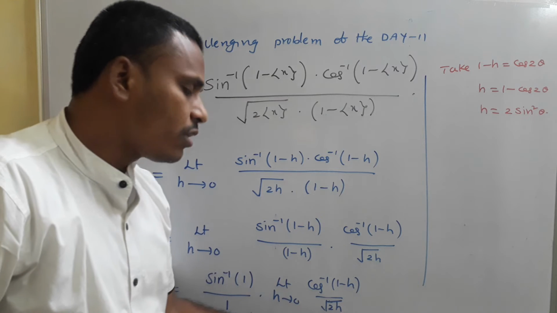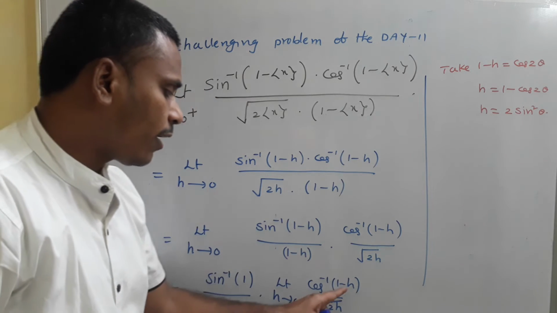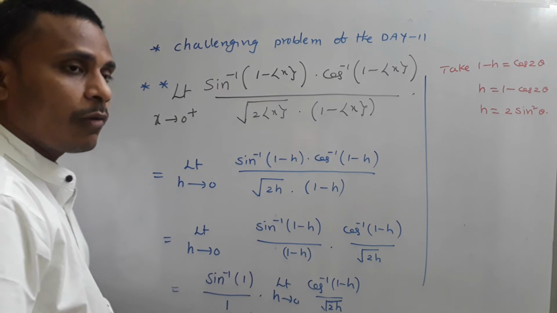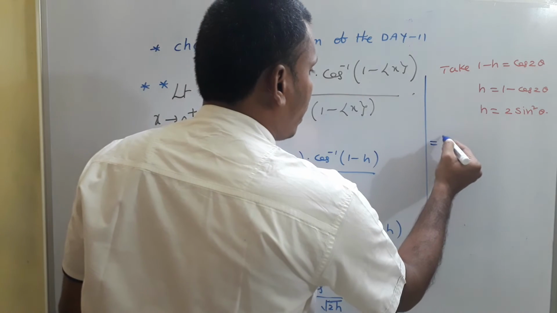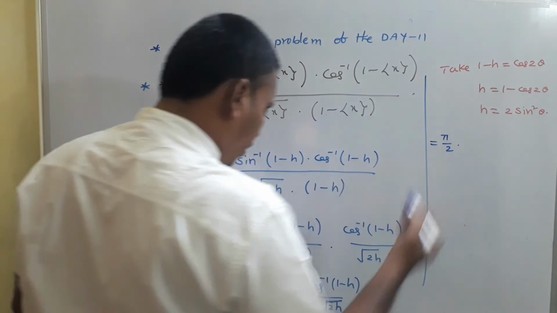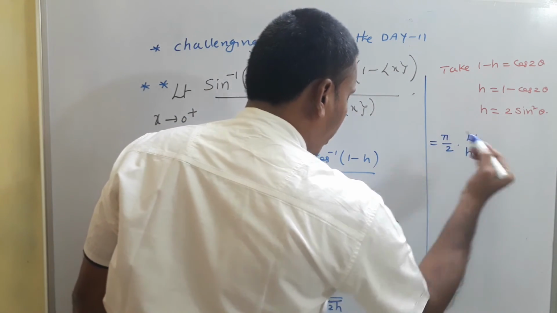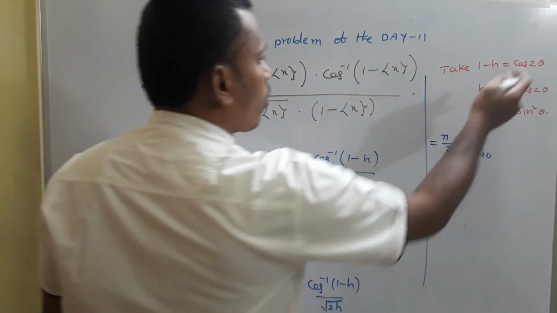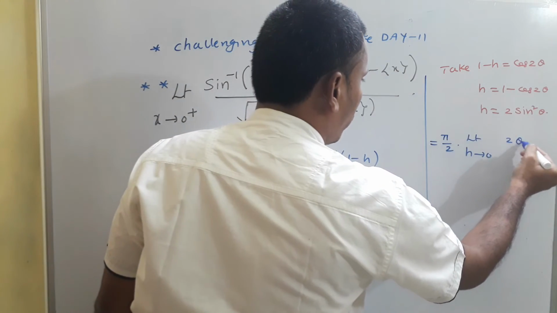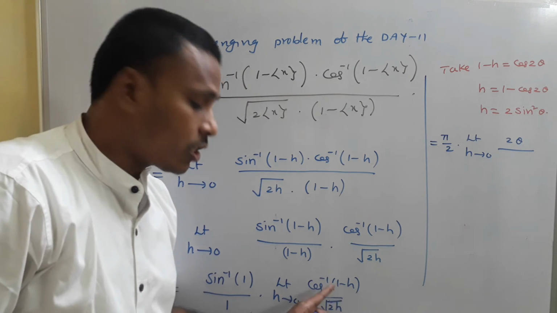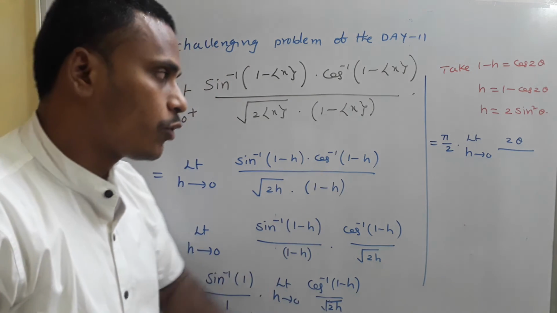Now we need to replace this h with 2 sin square theta, this 1 minus h with cos 2 theta, whereas this first term will become pi by 2. So at the end, this is equals to pi by 2 into limit h is tending to 0, cos inverse of cos 2 theta is simply 2 theta. I am just directly writing cos inverse of 1 minus h, cos inverse of cos 2 theta is 2 theta.